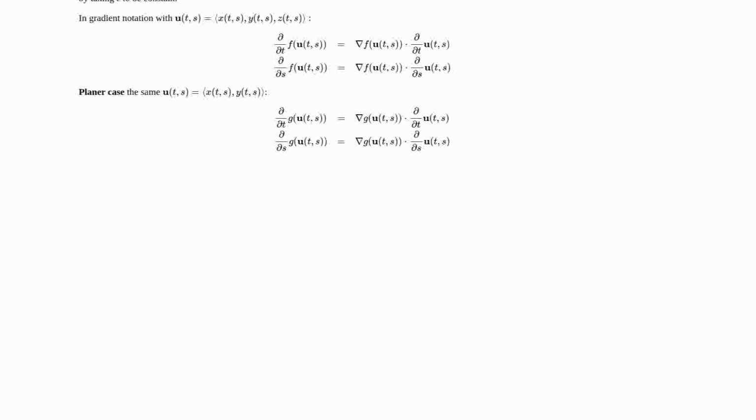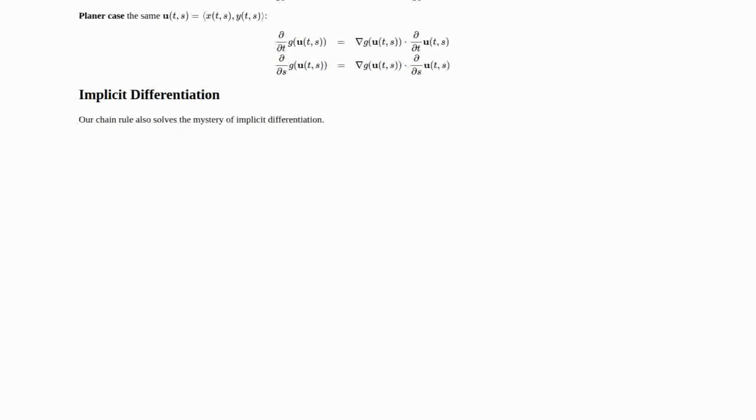For example, ∂/∂t of g(u(t,s)) is equal to the gradient of g at u(t,s), scalar product with the partial in t of u(t,s). So this is completely analogous to the formula for the derivative of r with respect to t above, except there'd be no z term.